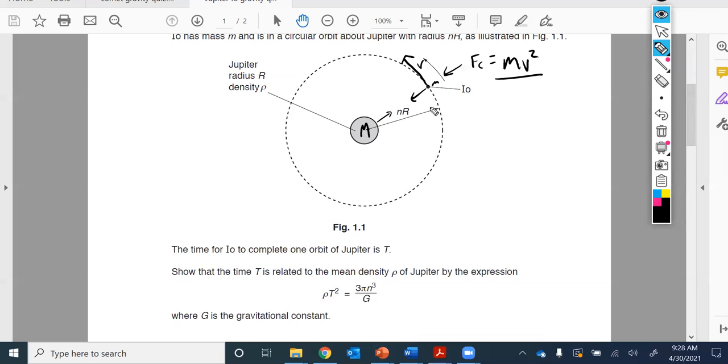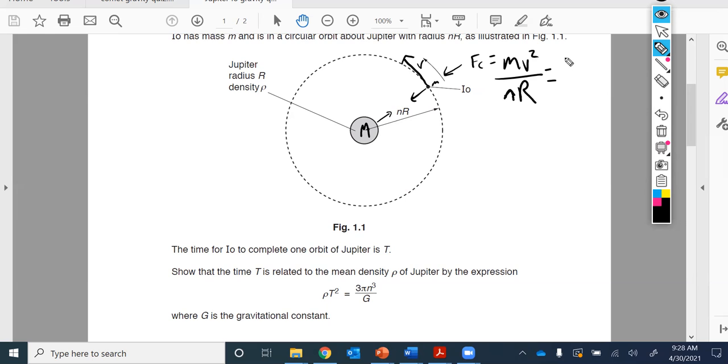They've defined that here as nR. So be very careful about how you're substituting into the familiar equation, mv squared over r in general, but they've defined the radius of its orbit as nR, where R is Jupiter's radius. So that's the centripetal force pushing Io towards the center of Jupiter, and its inertia forward allows it to orbit.